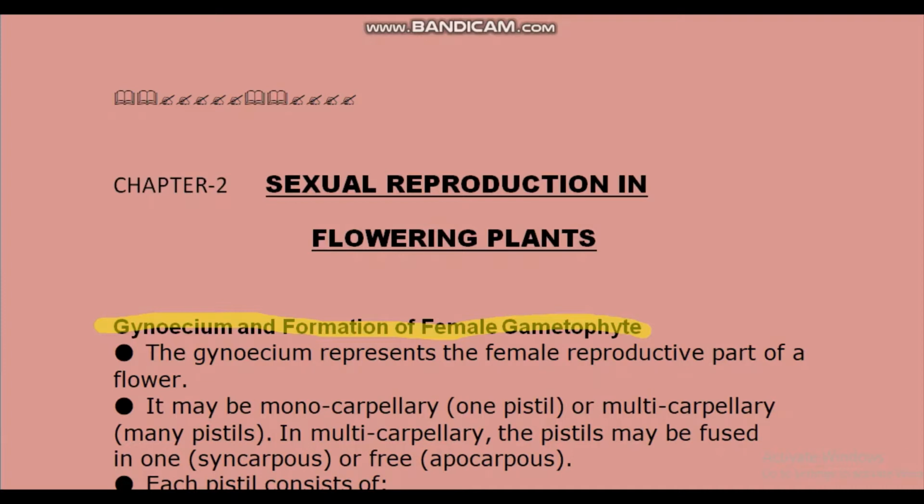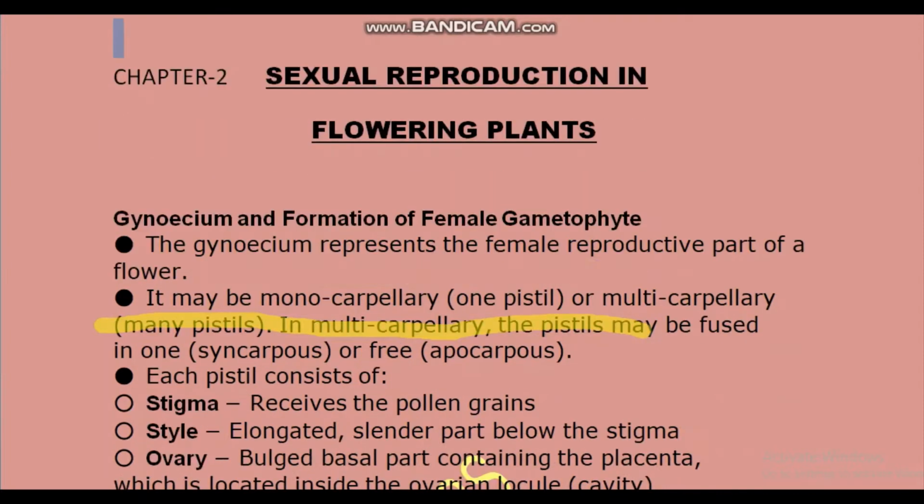In my previous video I told you about microsporogenesis, that means formation of male gamete, and in this video we are going to discuss gynoecium and formation of female gametophyte. So first of all, what is the meaning of gynoecium?